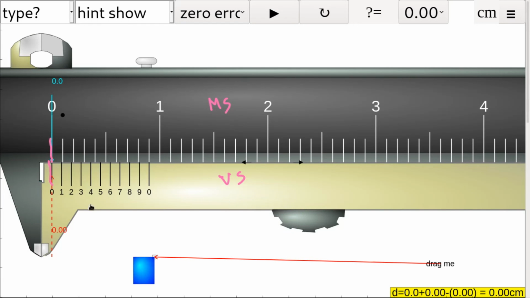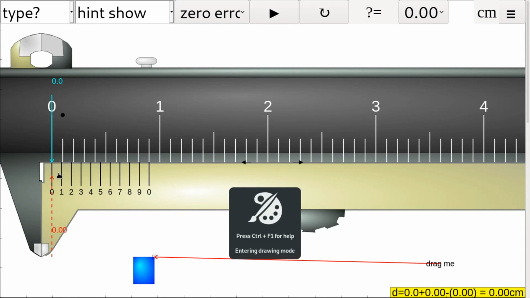So that we have to check. If it is not matched, it means this measuring device, this vernier calipers, has some error. So it is very compulsory to check this before measuring the dimension of any part. Okay, now we start to measure the dimension of this part.